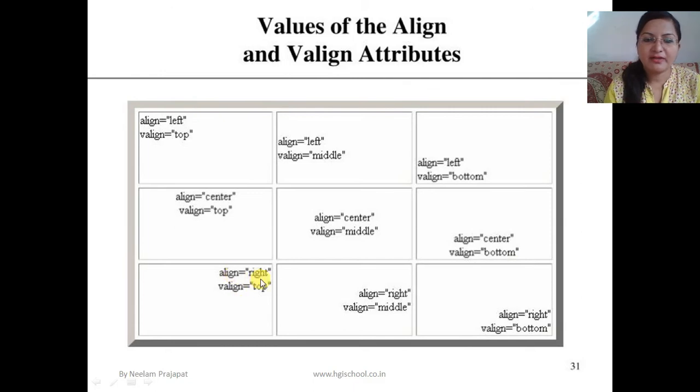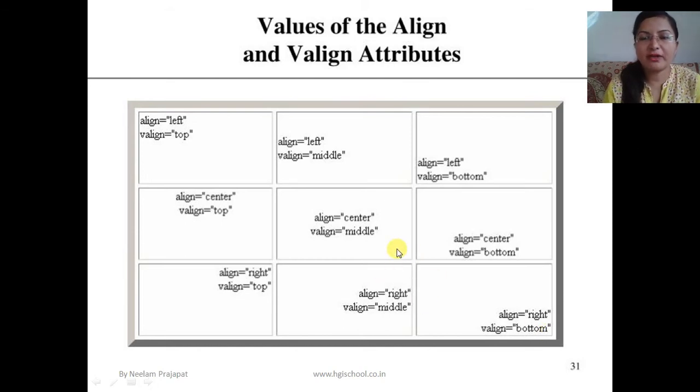For top right, align right and v-align top. For the right side but vertically middle, align right, v-align middle. For bottom right, align right and v-align bottom. Got it? You will use this with the TD tag.